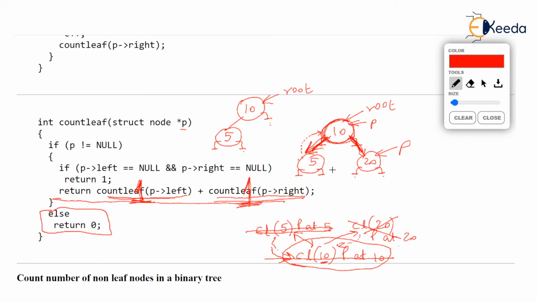Now you see this else portion will run when you call count leaf p arrow right for 10. For 10, when you have this right recursive call, then right of 10 is null. So as right of 10 is null, we will be passing null value to p and the else will run, isn't it? And in the else, we have simply returned 0.